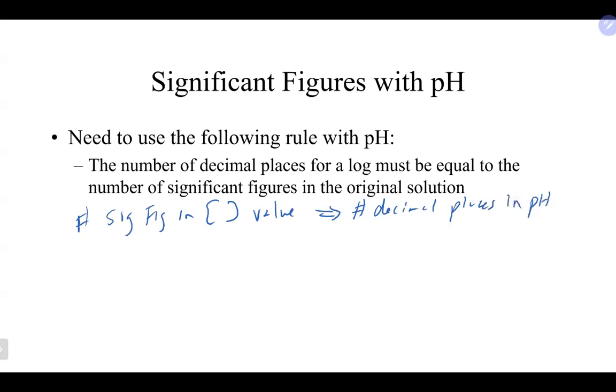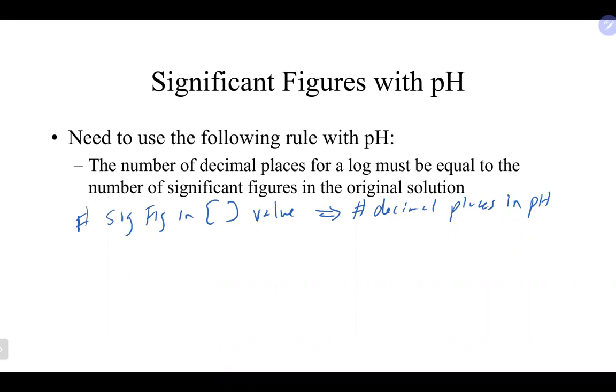So if your concentration had 3 significant figures, you would go to 3 decimal places, not significant figures. So it is significant figures to decimal places as you go from concentration to pH. And it is opposite, which we'll learn, to go the other way from pH back to concentration. It is then decimal places to significant figures.